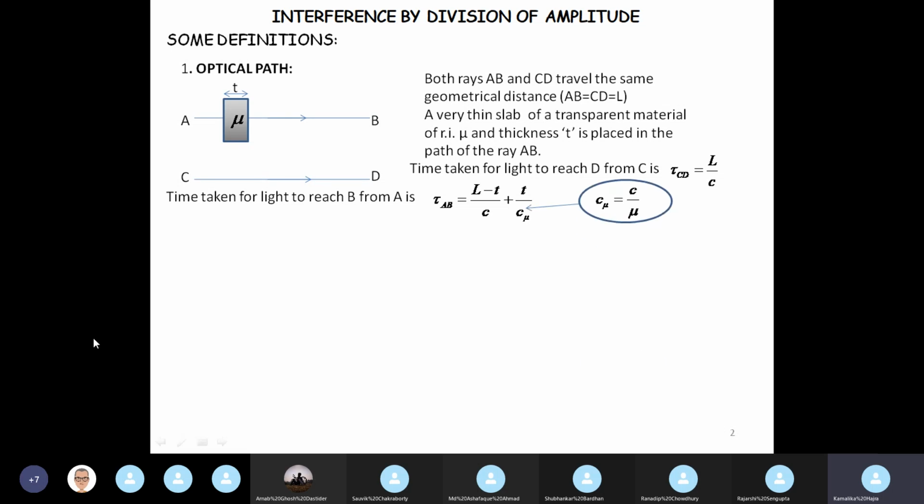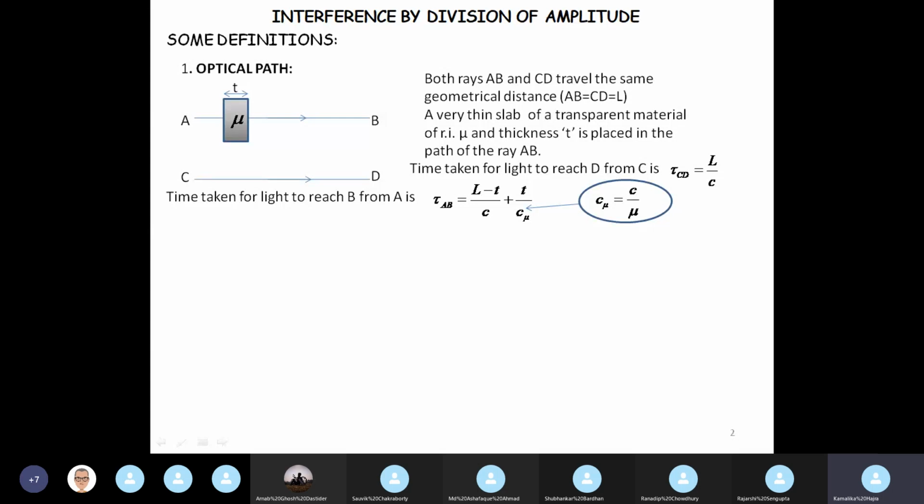Now this c_mu, the velocity of light in the material of refractive index mu, is c by mu, as you all know. Refractive index is the ratio of the velocity of light in air to that in the medium. So c_mu is c by mu.